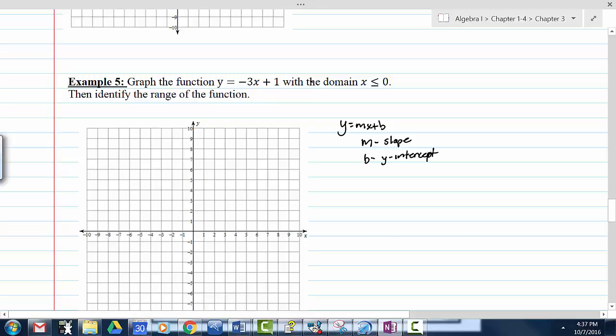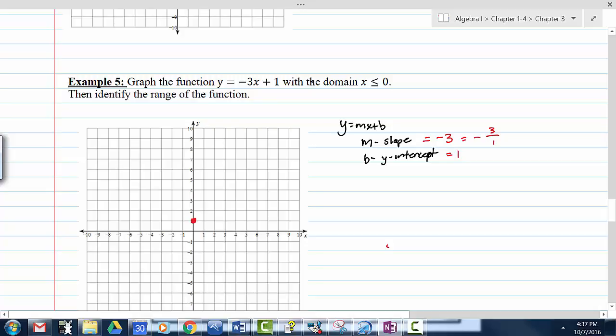In this case, your slope is -3 and your y-intercept is 1, right? So we can actually draw a line based on those things. If my y-intercept is 1, I'm intercepting the y-axis at 1. And then from there, the slope is -3, which is -3 over 1.